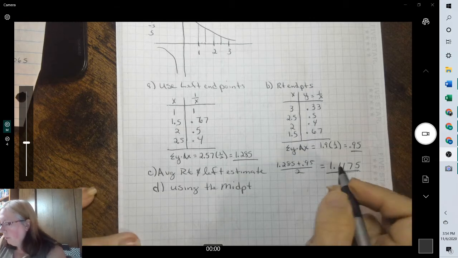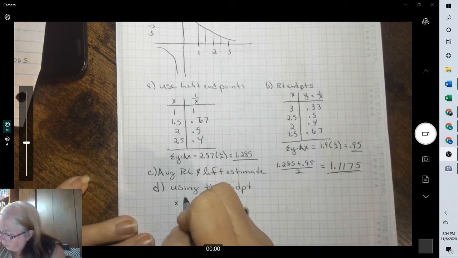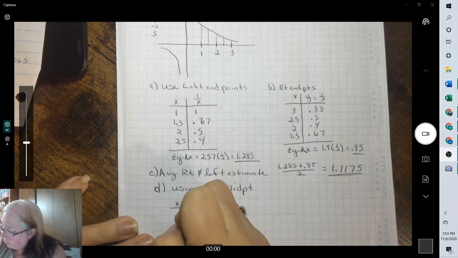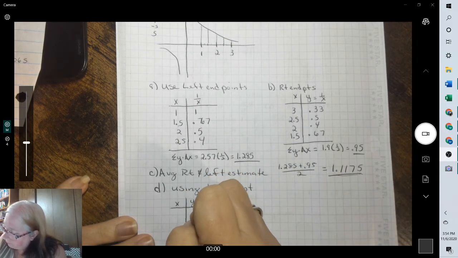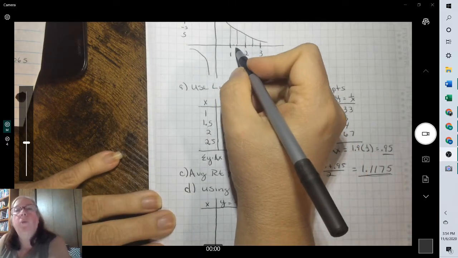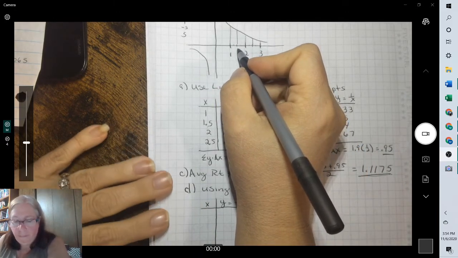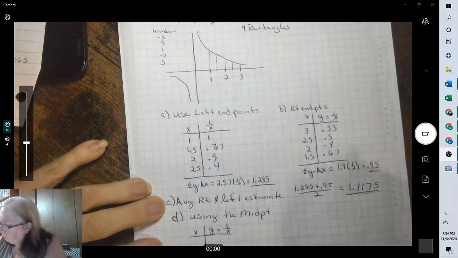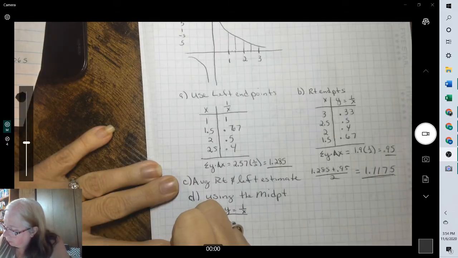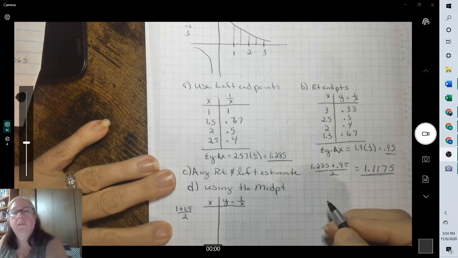So to use the midpoint, you find the middle of the first one, and then you just keep adding your change in x. So if we find the middle of the first one, we're going between 1 and 1.5. And divide it by 2.